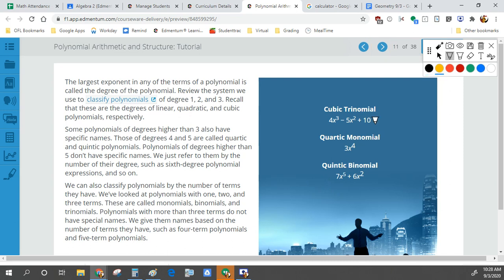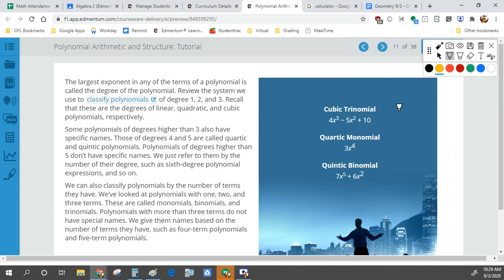Honestly, other than cubic and quadratic, when we talk about this, I would just say degree 4, degree 5.